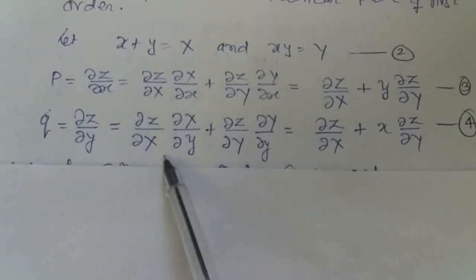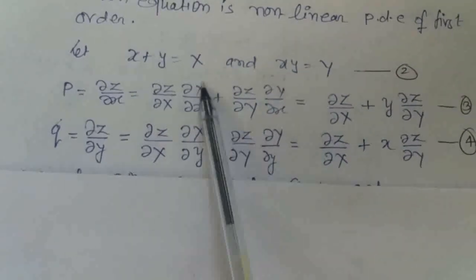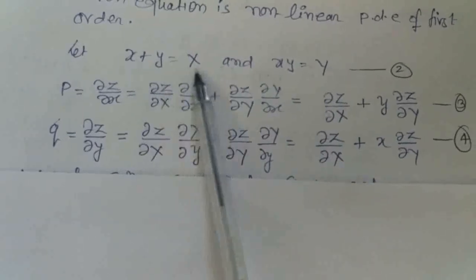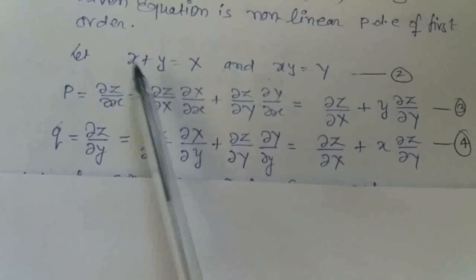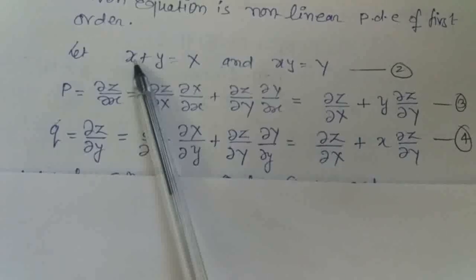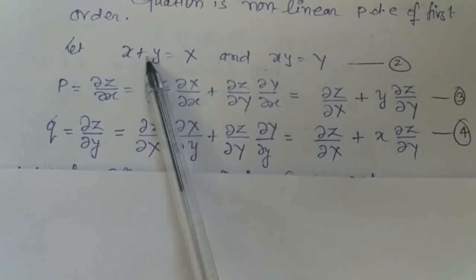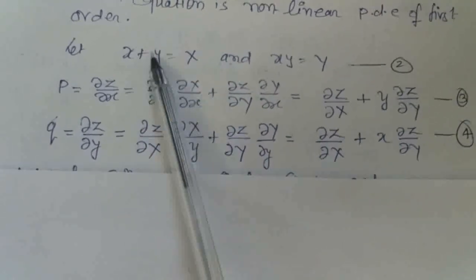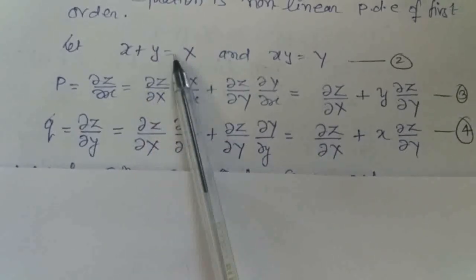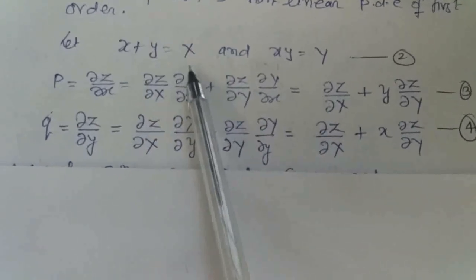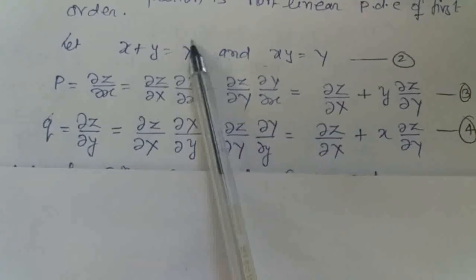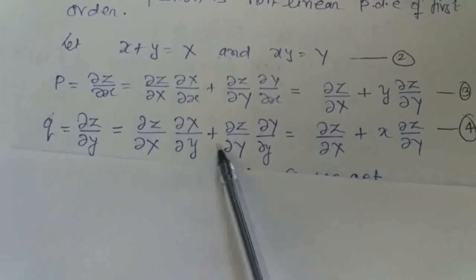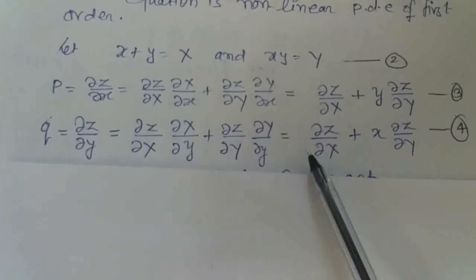Now del capital X by del y: differentiating partially with respect to y, we get the derivative of x with respect to y is 0 plus 1, so 0 plus 1 is 1, equal to del capital X by del small y. So the value of del capital X by del small y is 1.